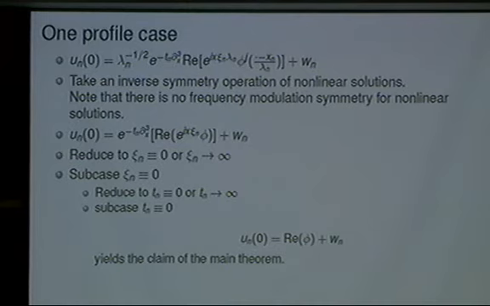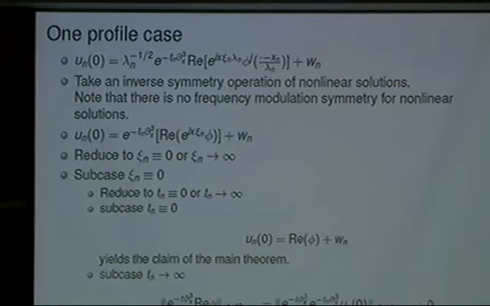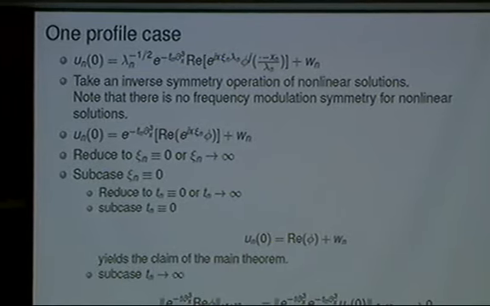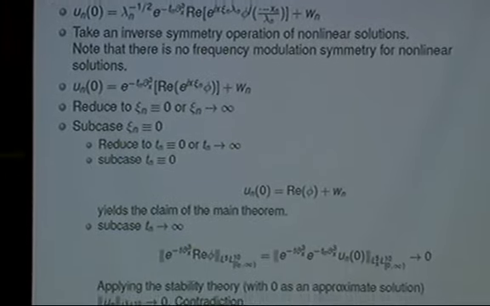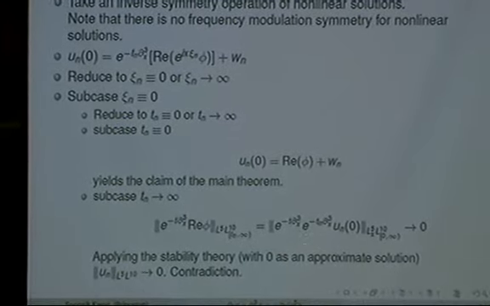And then we need to show all other cases reach a contradiction. First of all, when Tn goes to infinity, by using some sort of stability theory, the monotone convergence theorem and the linear theory, we can reach a contradiction.